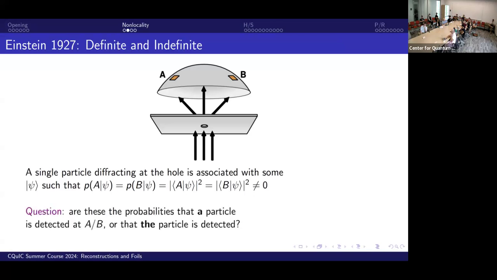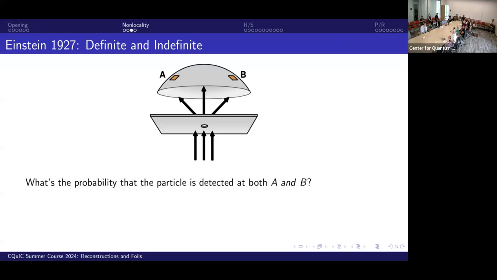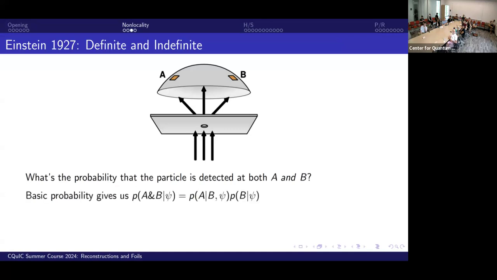Now, let's first ask a fairly dumb question. Are these the probabilities that the A particle is detected at A or B, if we're just talking about sending one particle in, or the probability that the B particle is detected at A or B? Now let's ask a third question: what's the probability that the particle is detected if this one particle is detected at both A and B? Well, basic probability should factor like this, with this conditional probability here.